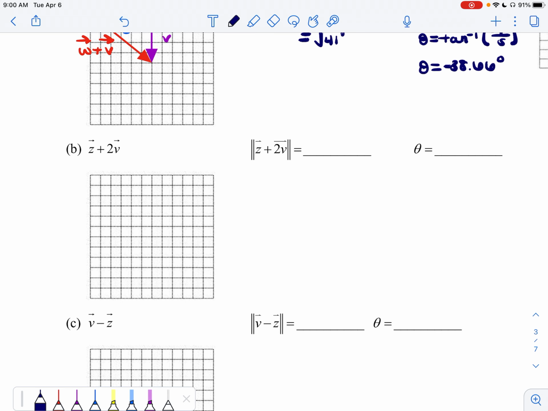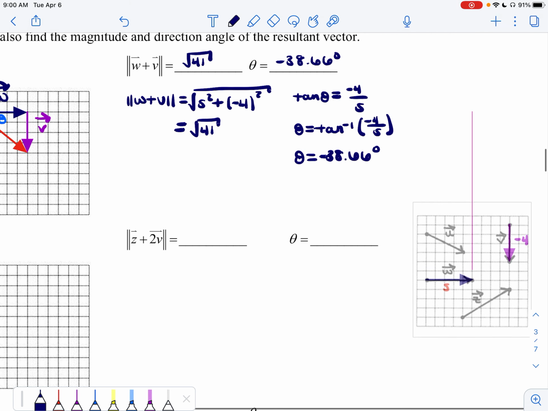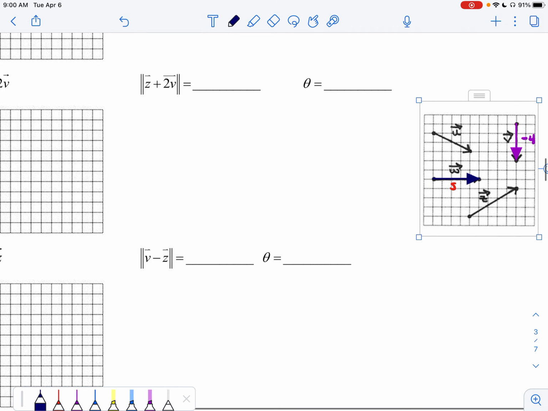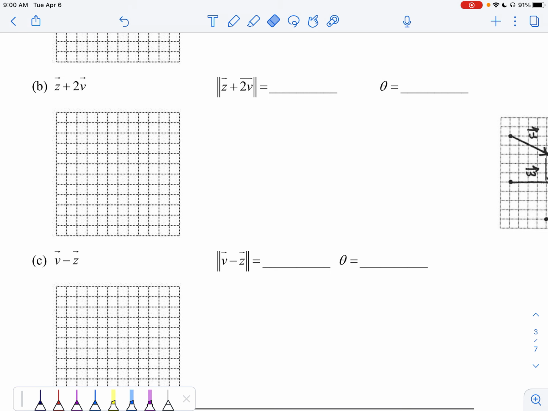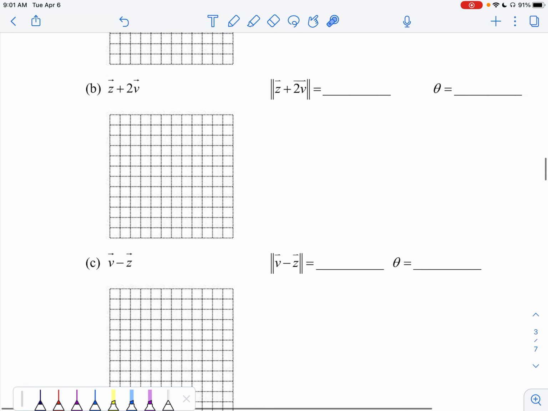Let's go ahead and find z plus 2v next. Okay, so z plus 2v. Go ahead and move this down. If we're starting with our vector z, think about our z over here. Z is going 1, 2, 3, 4, 5 units right, 3 units up.